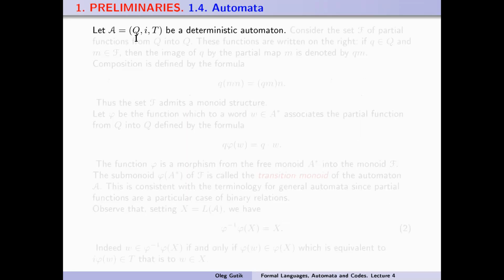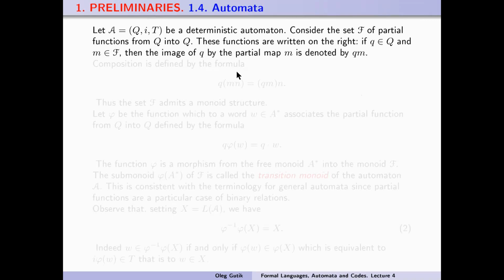Let A, with the set of states Q, single initial state I, and the set of terminal states T, be a deterministic automaton. We consider the set F of partial functions from Q into Q. These functions are written on the right.